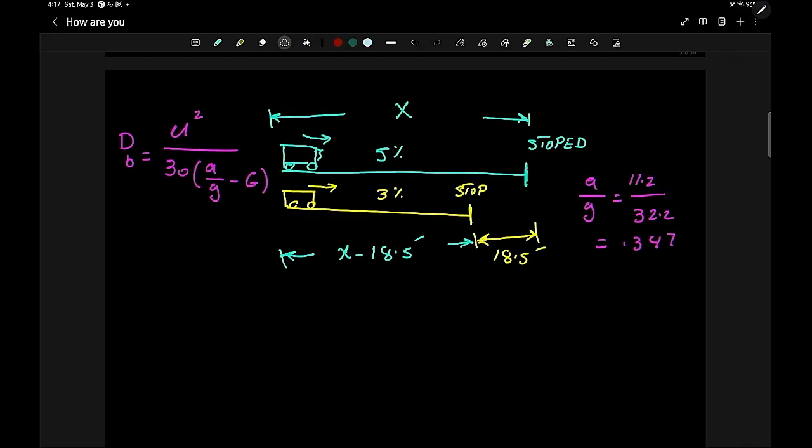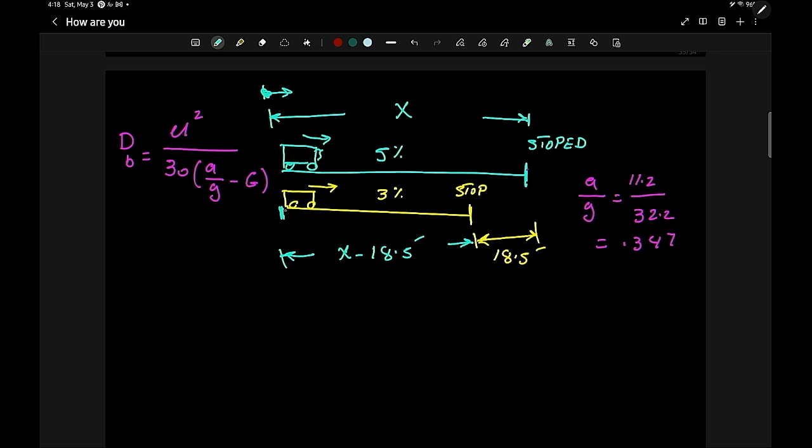Okay, so let's review the problem. She started going at a certain speed at 5% downhill and pushed on the brake at this location, and it takes her a distance of x to stop. So she does the same exact thing on a 3% hill, which is this yellow line right here.